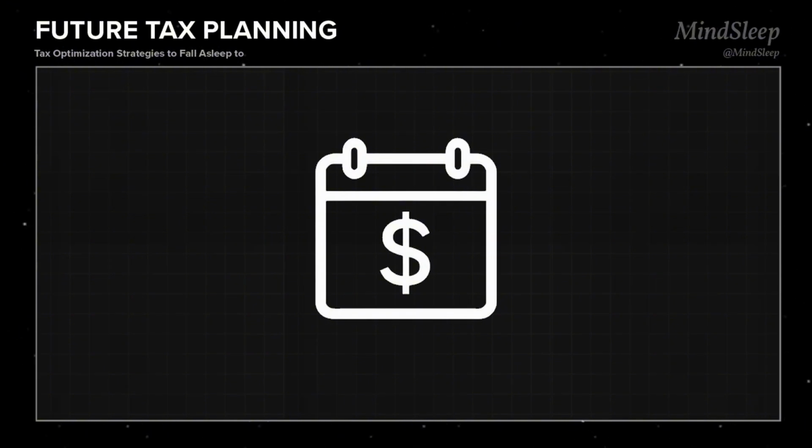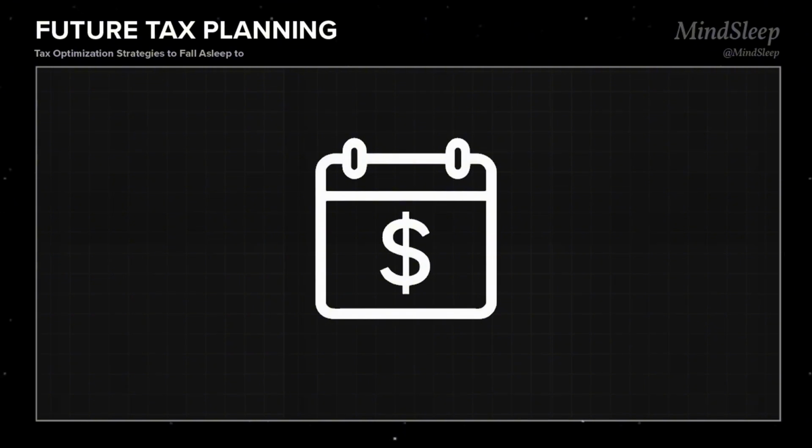Imagine a world where AI-powered systems can instantly analyze every financial transaction, categorize it for tax purposes, and provide real-time guidance on tax implications. This level of immediacy and accuracy in tax planning could fundamentally change how individuals and businesses approach financial decision-making.